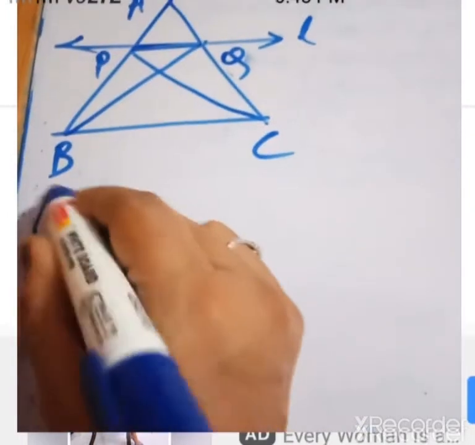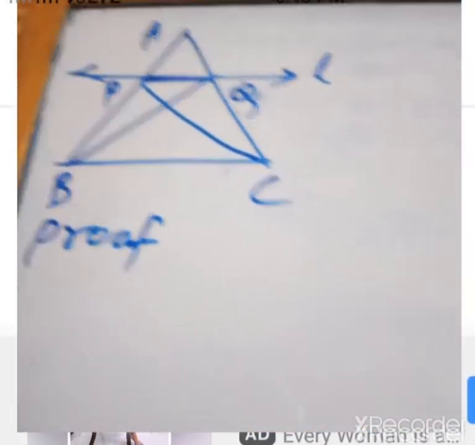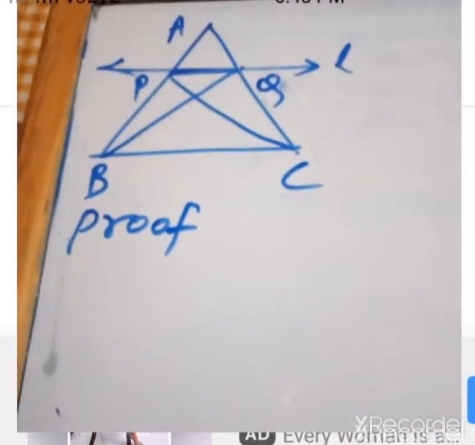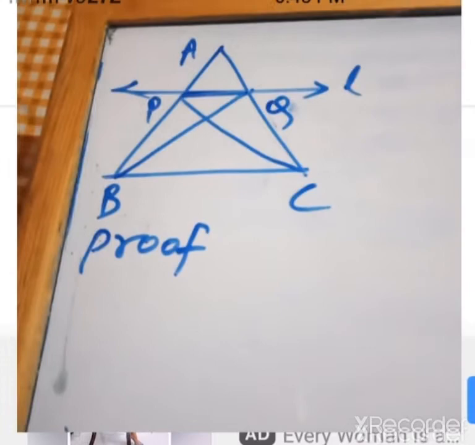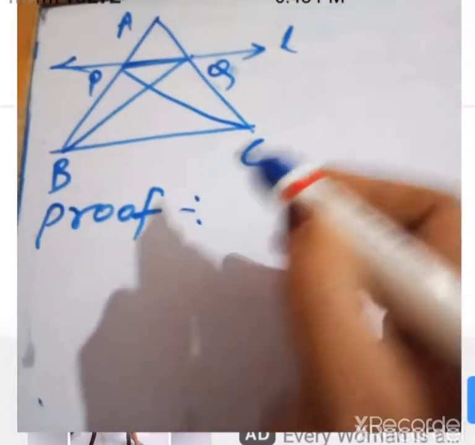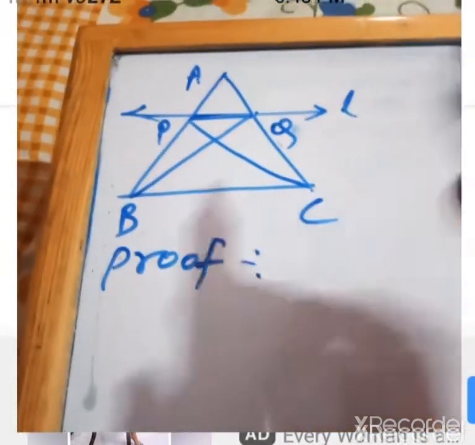See the proof of this theorem. For the proof, take two triangles from the figure. We have to prove AP upon PB equals AQ upon QC.